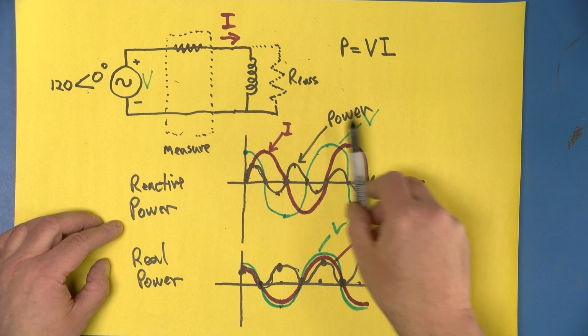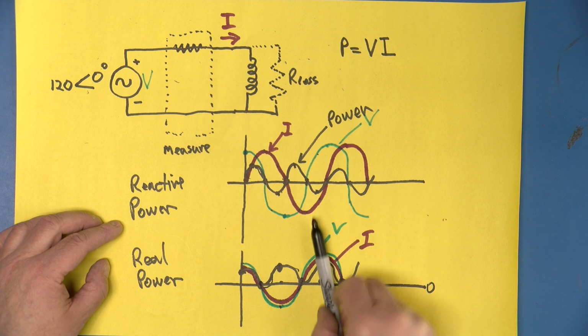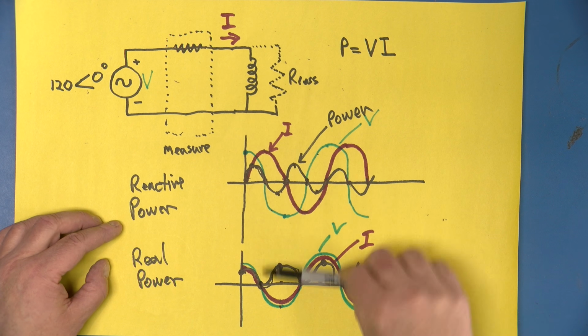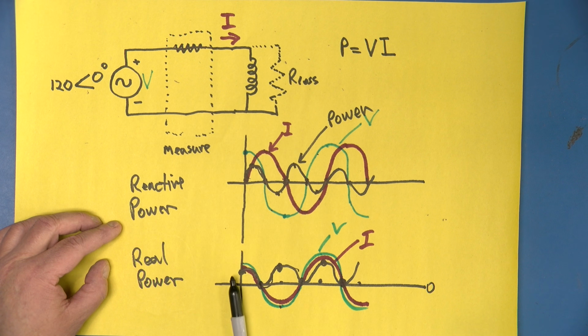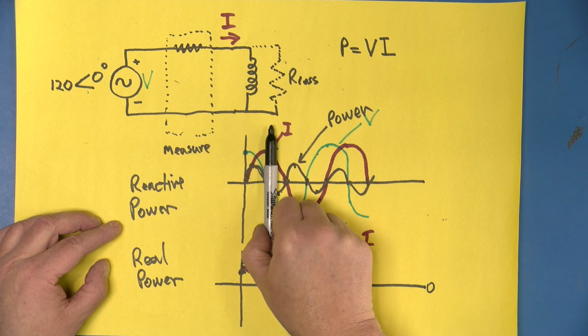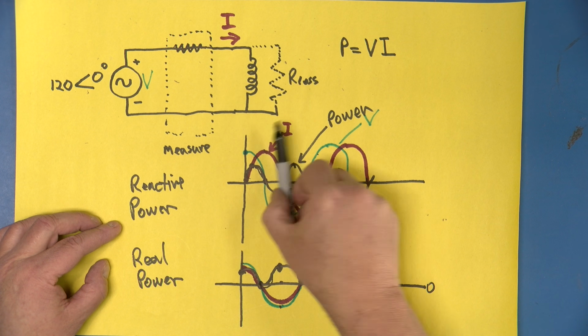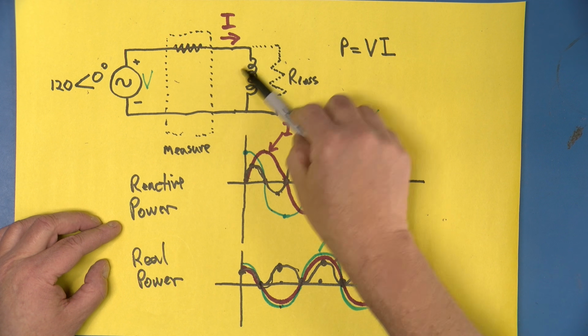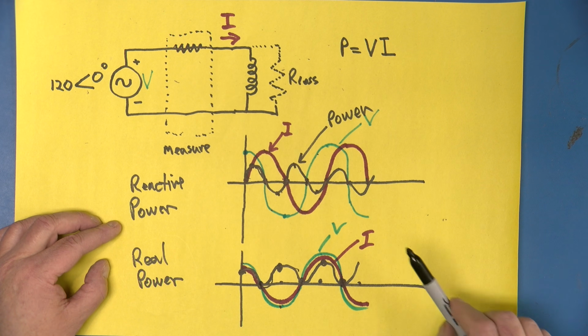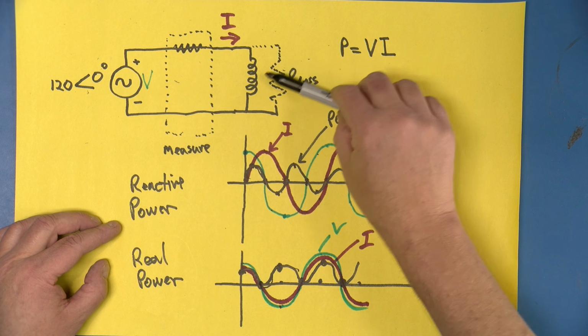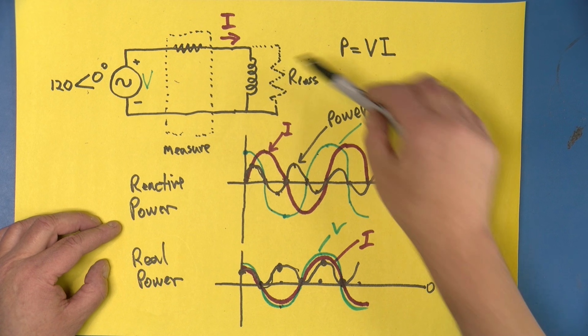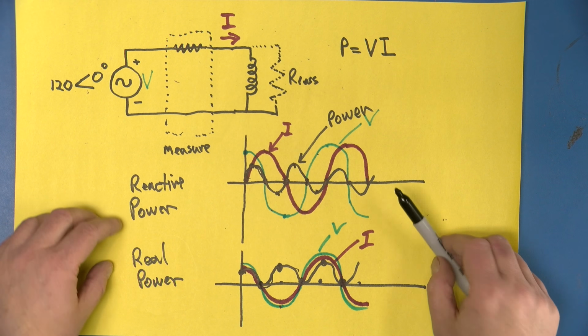And many things are indeed a combination of these two waveforms where they add to get a current that is somewhere between in phase, 0 degrees, and out of phase, 90 degrees. And that's what you might get with an inductor that has a certain amount of resistance in it, or an inductor that's part of an induction motor and the resistance is indeed the load that the motor is driving.